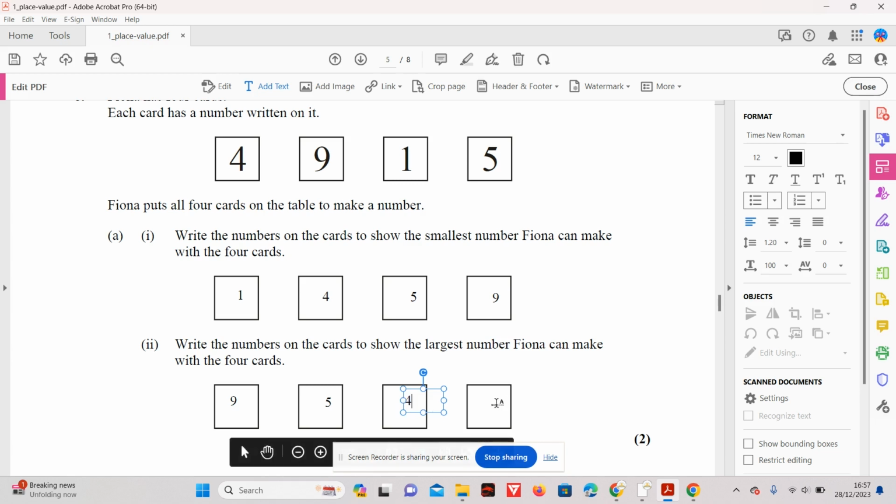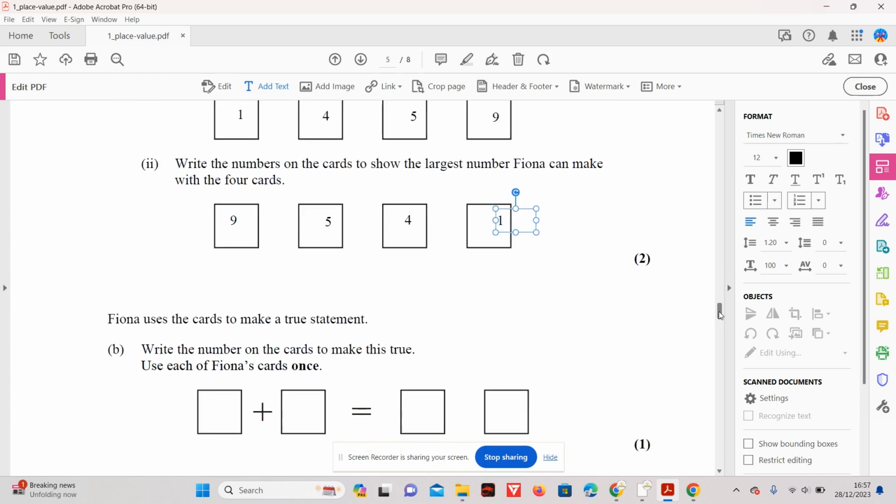And last, the 1. You'll probably notice it's in reverse: if you flip it on its head, it's the same as the smallest. So you get my drift. 9,541 is our biggest number.